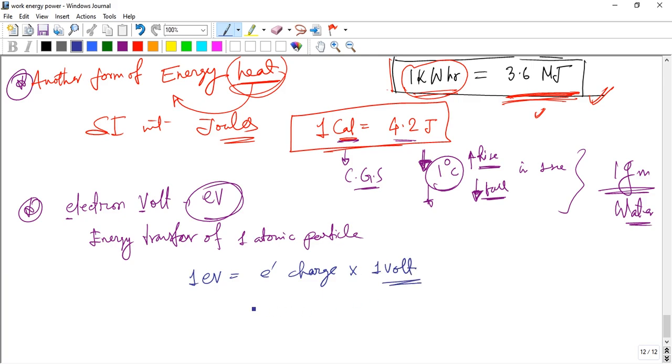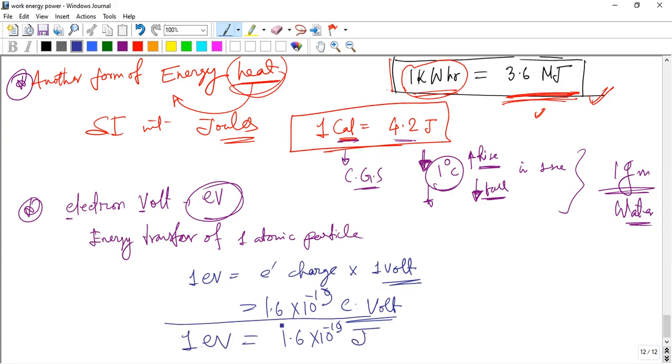The electron charge is 1.6 times 10 to the power minus 19 coulombs, times volt. Coulombs times volts represent joules. So 1 eV equals 1.6 times 10 to the power minus 19 joules.